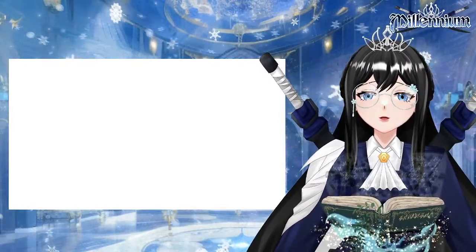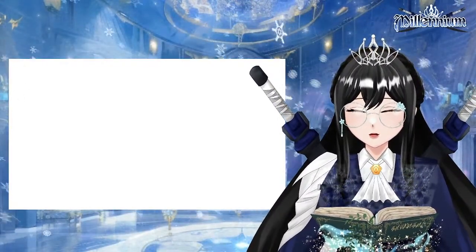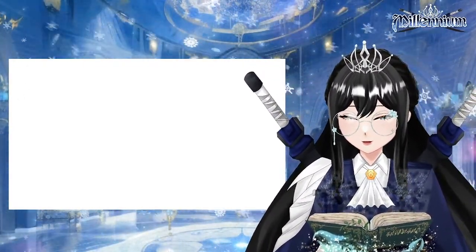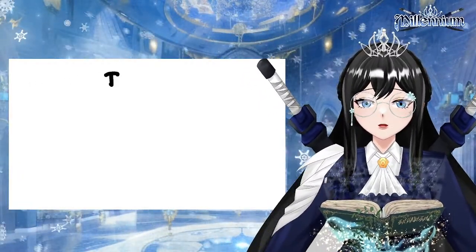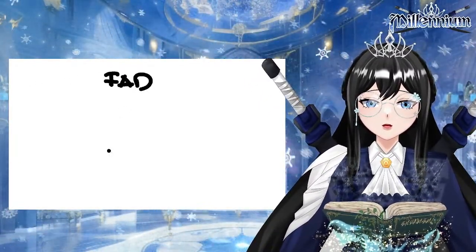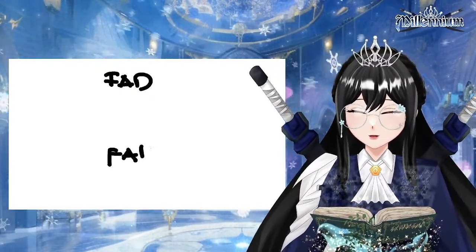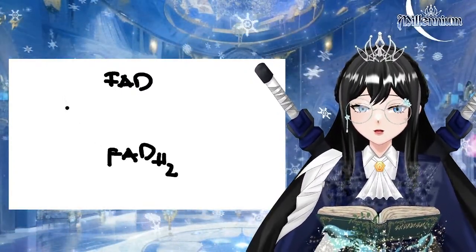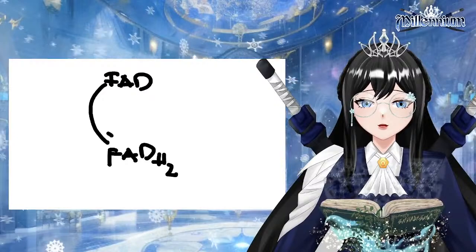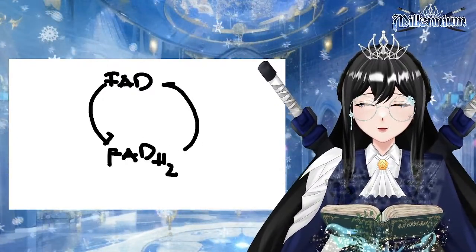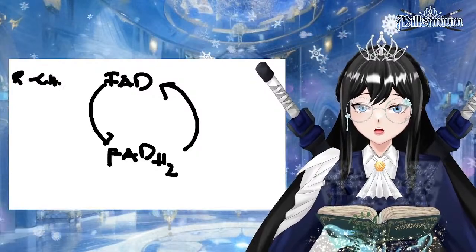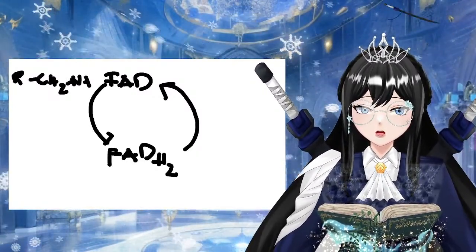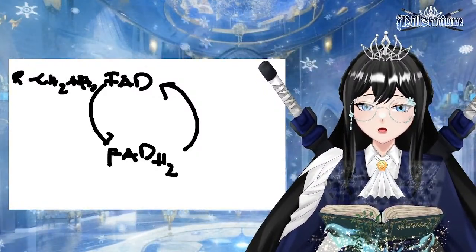Okay, so if you're talking about FAD and FADH2, you know that it's a cycle, right? But then you have RCH2NH2.